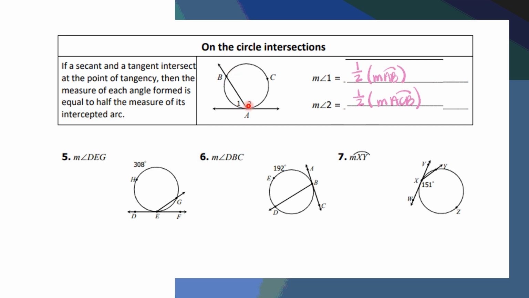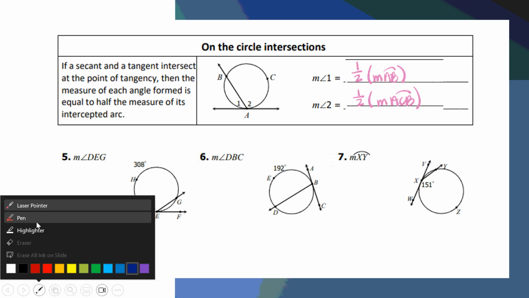So for measure angle 1, it's half of arc AB. For measure angle 2, it's half of arc BCA. Okay, so two different ways to think about this. You could think that this angle is half of the arc, or essentially that the arc is double the angle. So both are correct. It just depends on which way you want to think about it.